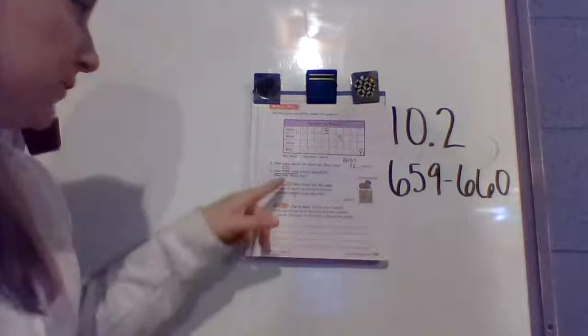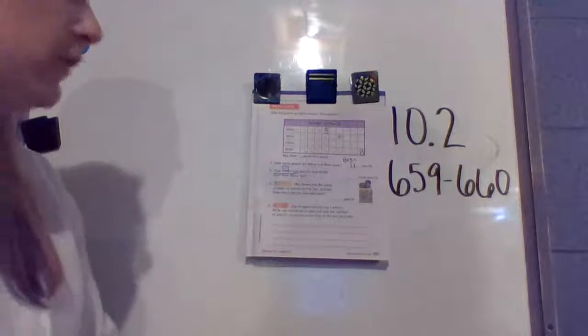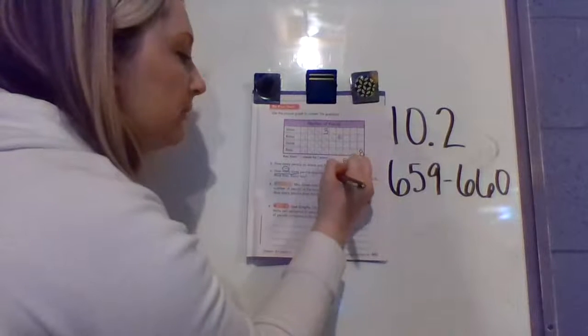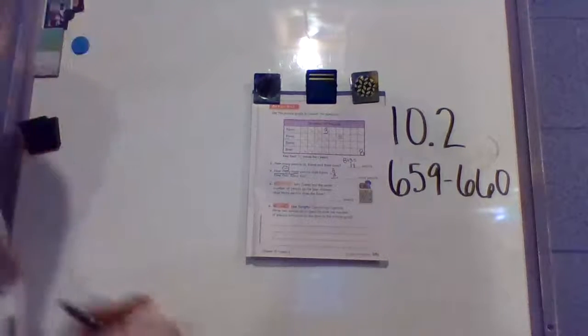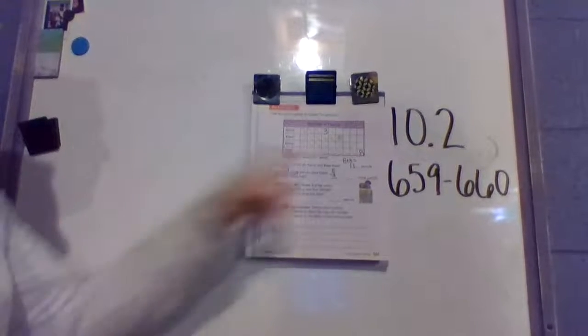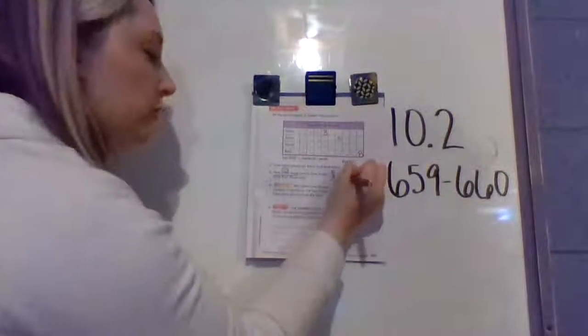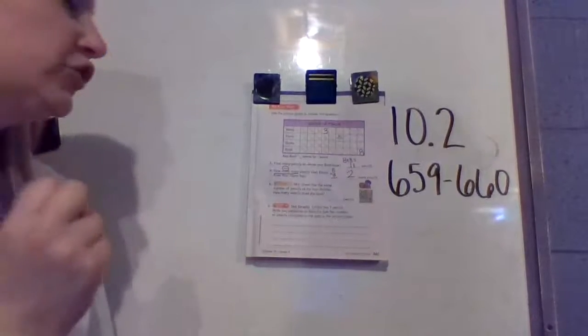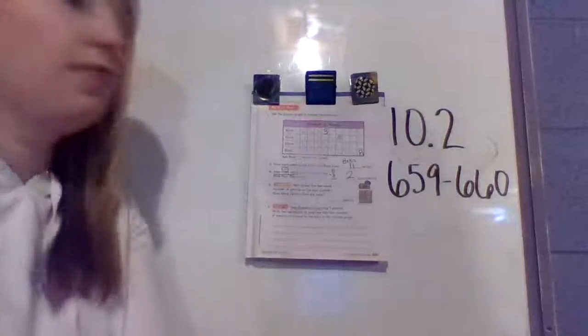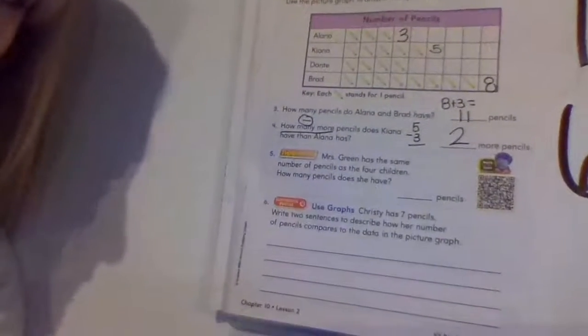And the other person we're looking at is Alana, who has 3. So we have to subtract the two numbers. And remember, the biggest number always goes first, so we subtract. So 5 minus 3 equals 2. So Kiana has 2 more pencils than Alana.